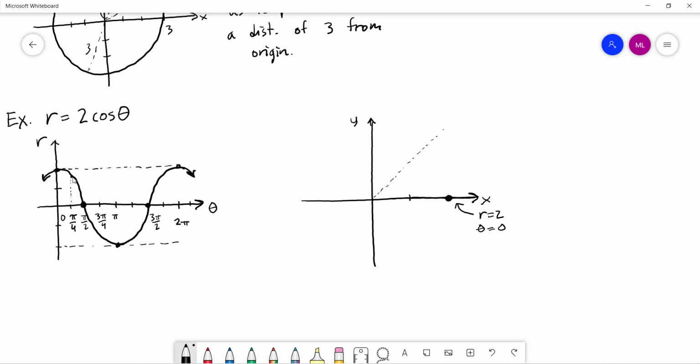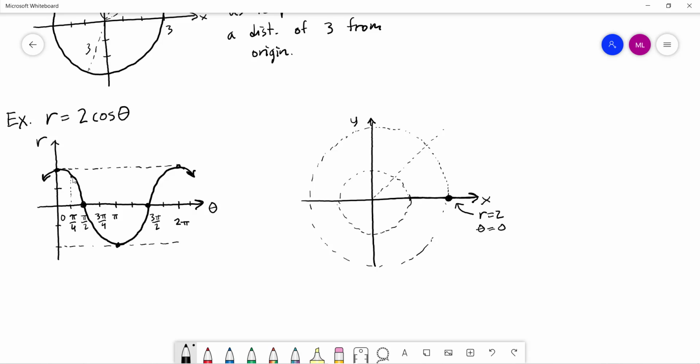And if we trace out radially, here's what it would look like if we stayed at a constant distance of 2. We would stay along sort of a bullseye shape here. So circle in that direction. Here's what it would look like if we stayed out at a distance of 1, and so on.